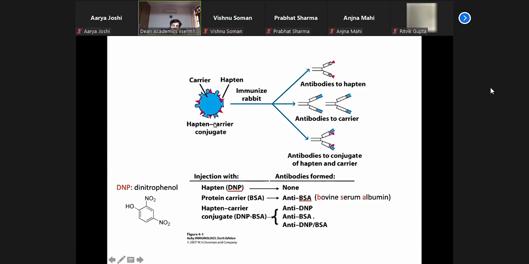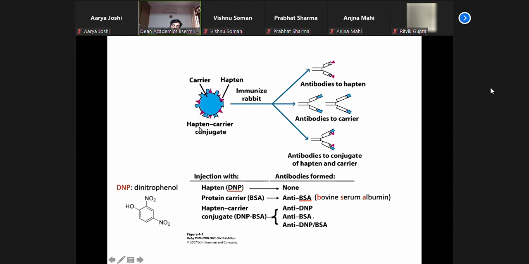For example, it can be BSA, or any other antigen or immunogen that you are working with. And then you have these small molecules which are basically decorating this carrier substance or carrier protein.